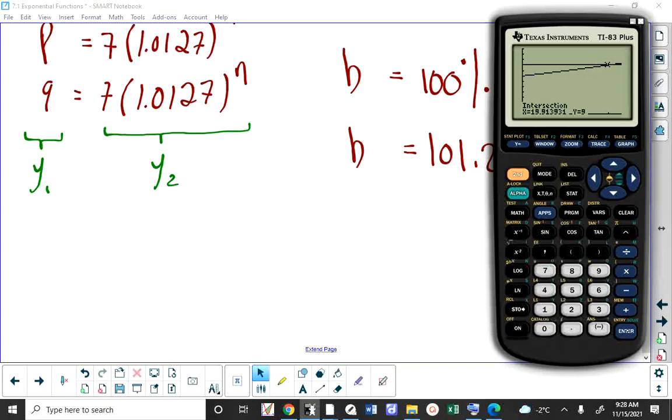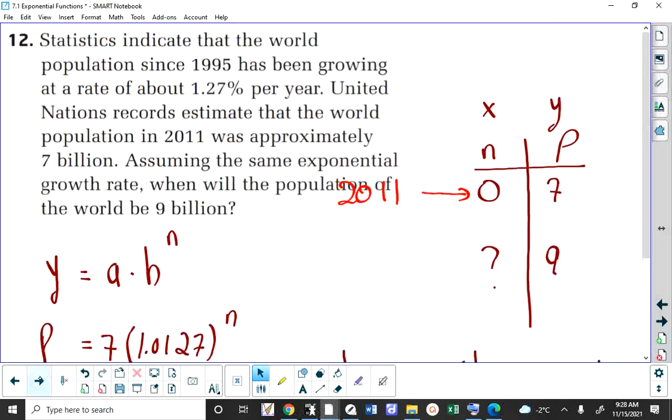So it's 19.9 years. Now, I don't know the exact wording of this question. What is it we want? When will the population? Well, I would say 19.9 years after 2011.